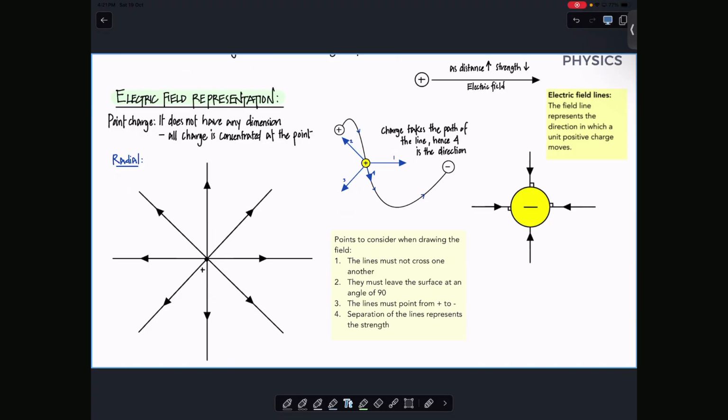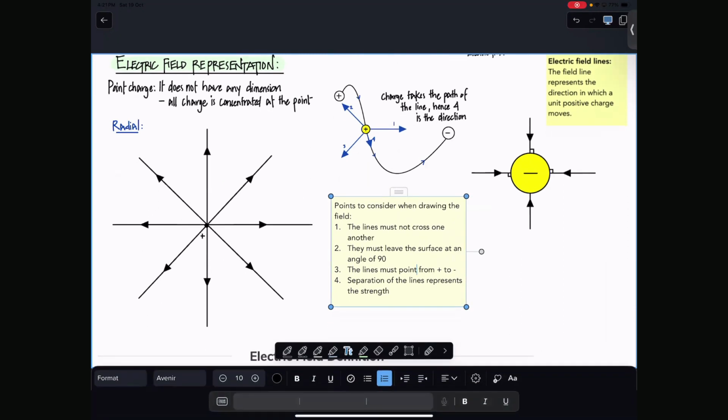The lines must point from plus to minus. The direction arrow doesn't change. The lines must point.